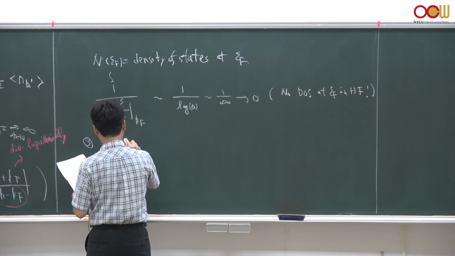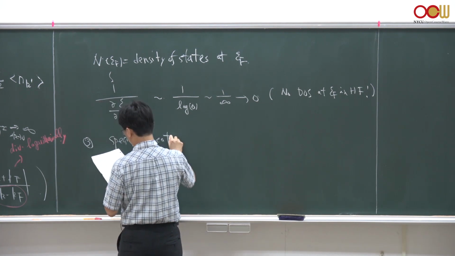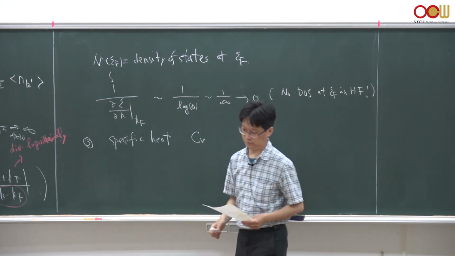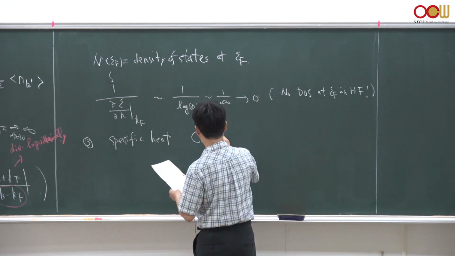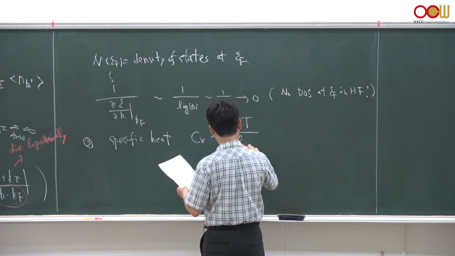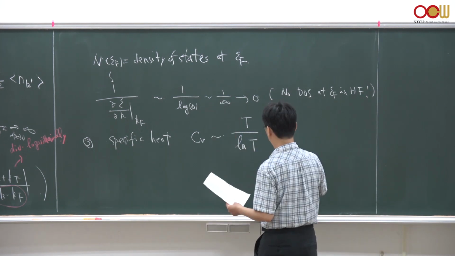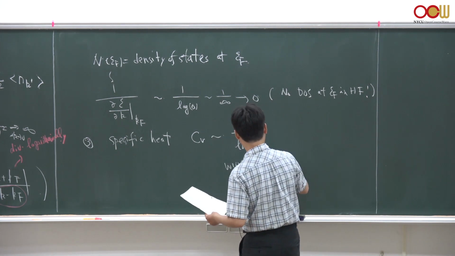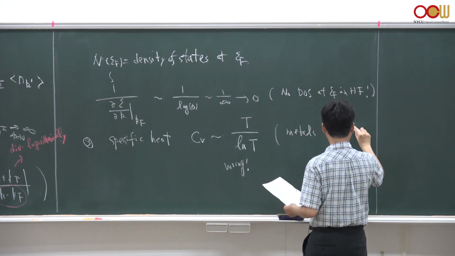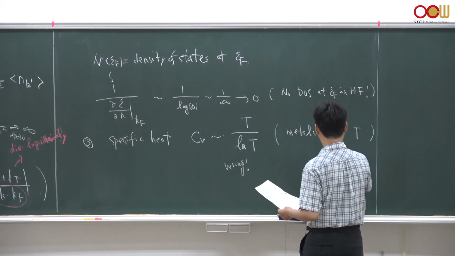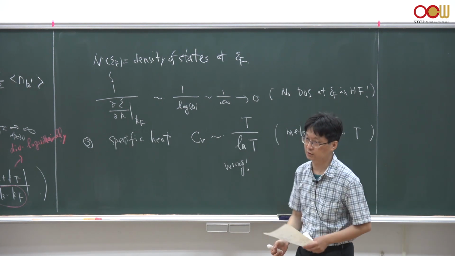So let's just look at the specific heat. Again, the C_V, which is the specific heat of this Hartree-Fock metal, goes like T over log T. Of course, this is wrong, because we know that for ordinary metals, C_V is linearly proportional to temperature for the electronic contribution to the specific heat.